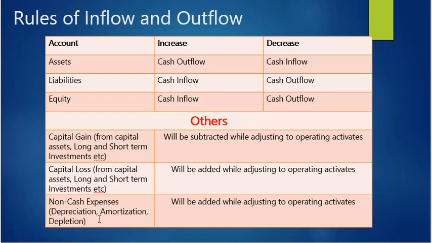Another thing it should be adjusted for is the depreciation expense, and the amortization and depletion. Now you do know that depreciation is related to tangible assets, amortization is related to intangible assets, and depletion is related to natural resources.